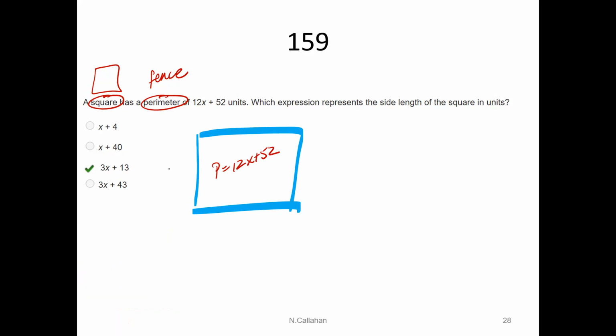So your side is going to be x, x, x, and x. If I do all four sides, that's just going to be x plus x plus x plus x, which is 4x. And that's equal to 12x plus 52, which is the perimeter.